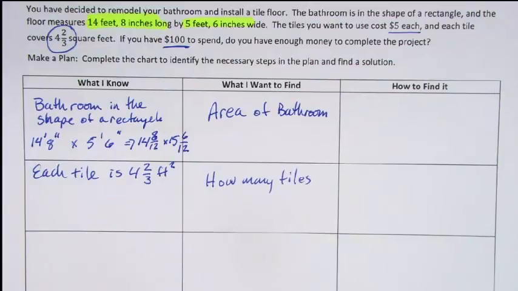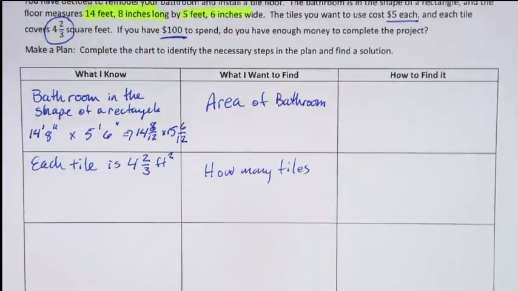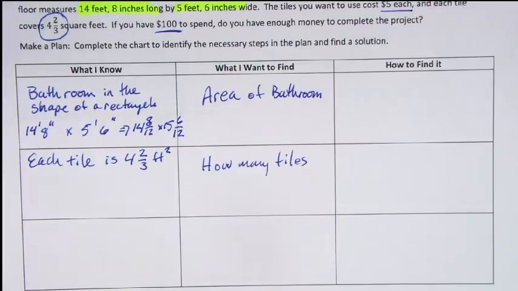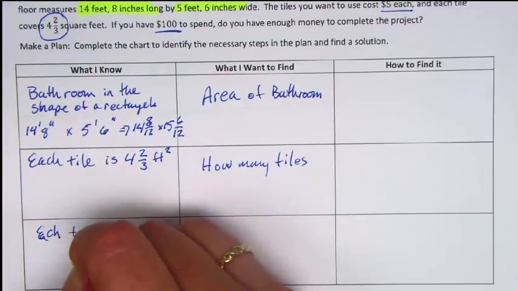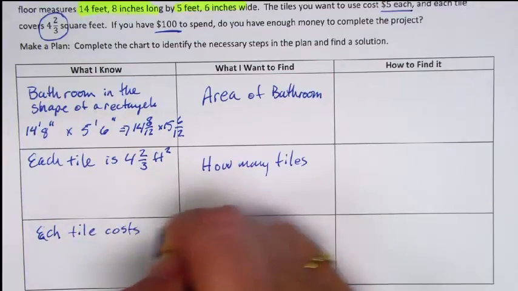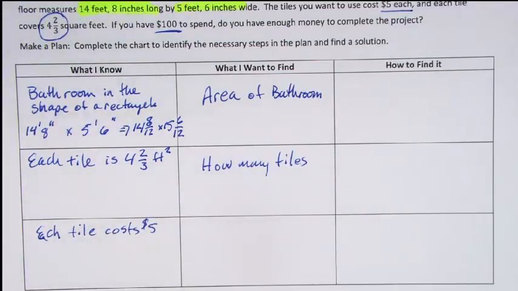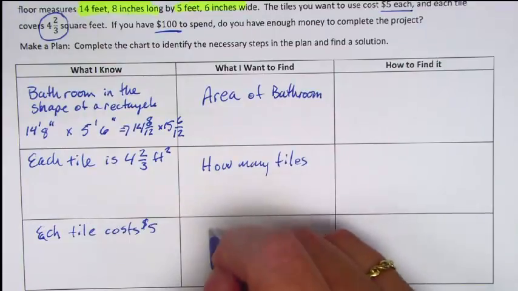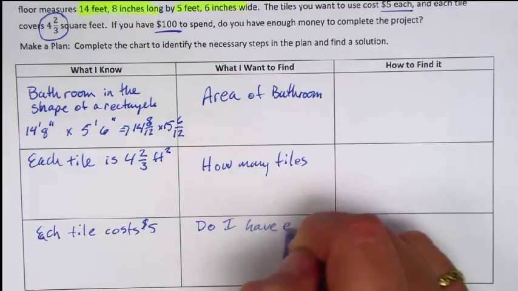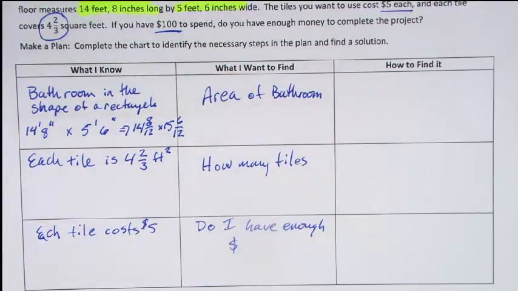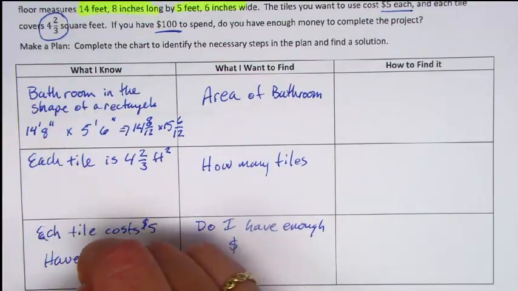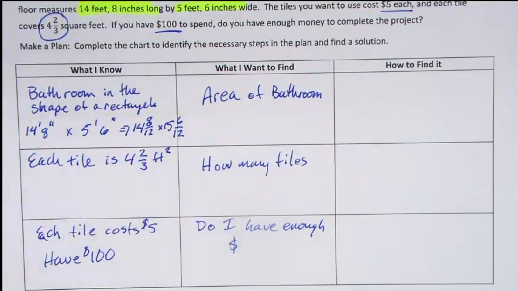The last piece of information I know is that each tile costs $5. And if I know how many tiles, I can tell if I have enough money. Do I have enough? I have $100 to start with. That's another piece of information I have. Will my tiles cost more than $100?